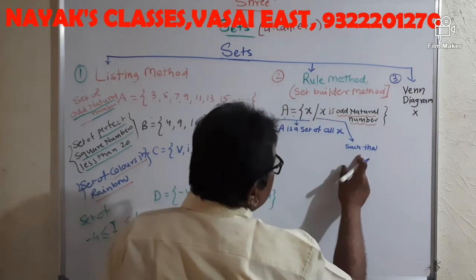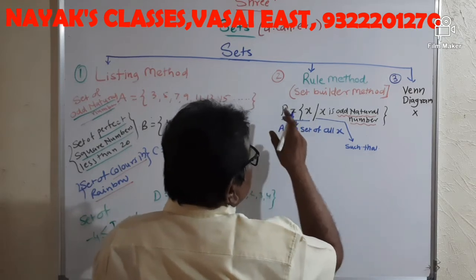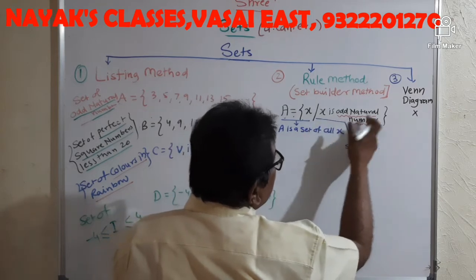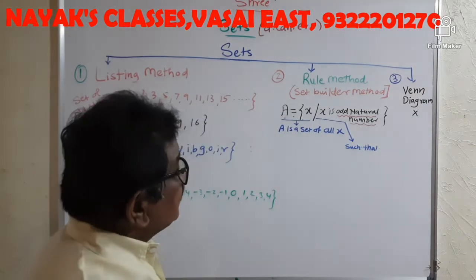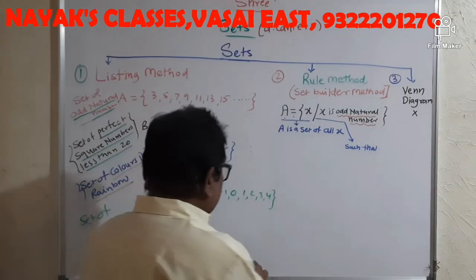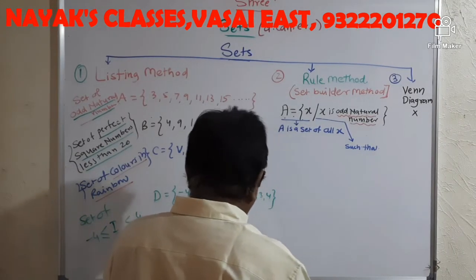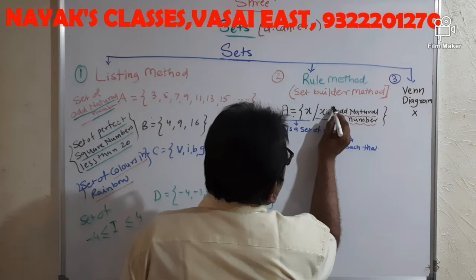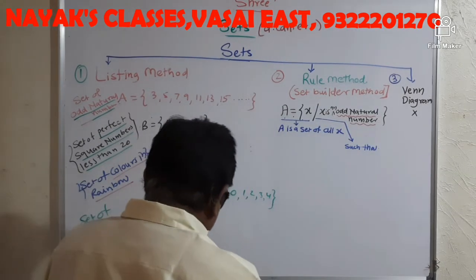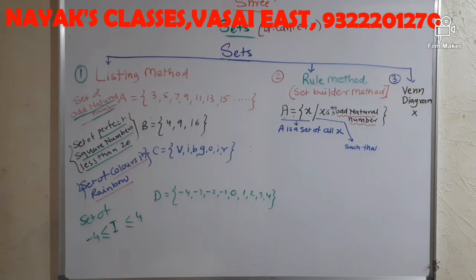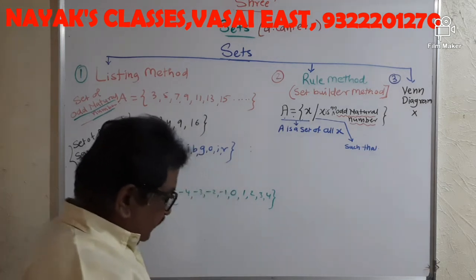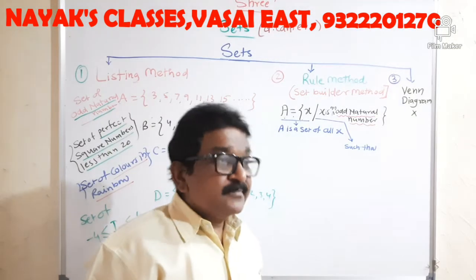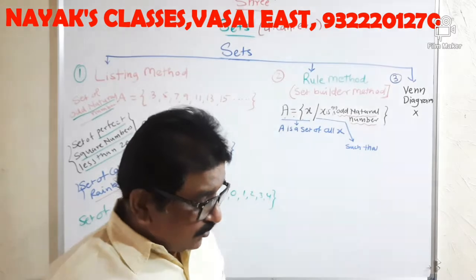This oblique line is called such that. So A is a set of all x such that x is an odd natural number. This much simply we can write the rule method set. Just write what is given in the question.